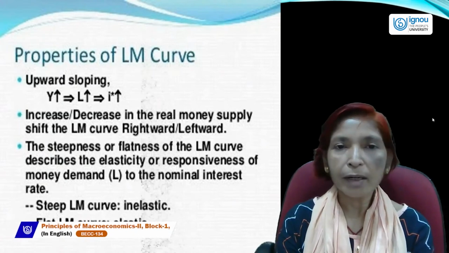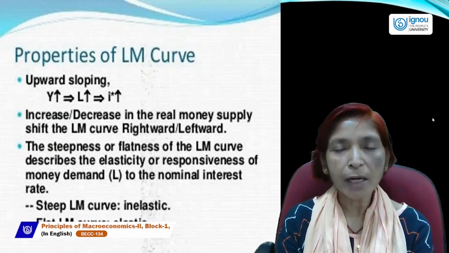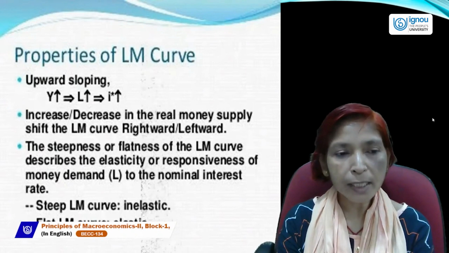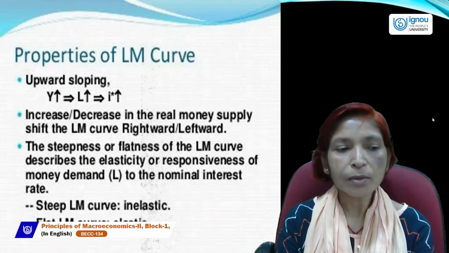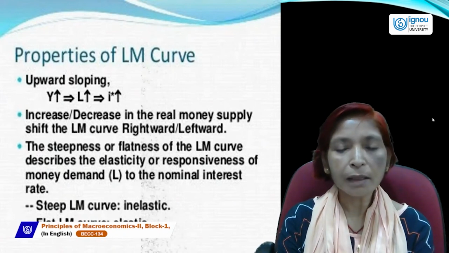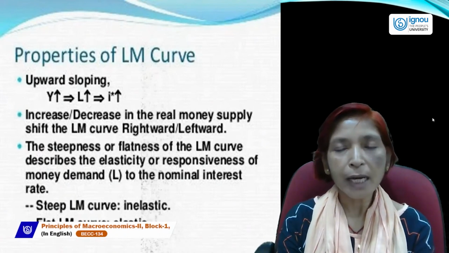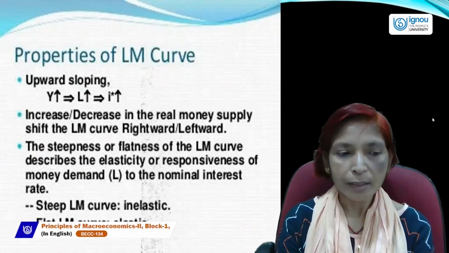If income level rises, money demand for transaction purpose and for precautionary purpose will also rise, and the interest rate will also rise. So an increase or decrease in the real money supply shifts the LM curve rightward or leftward.